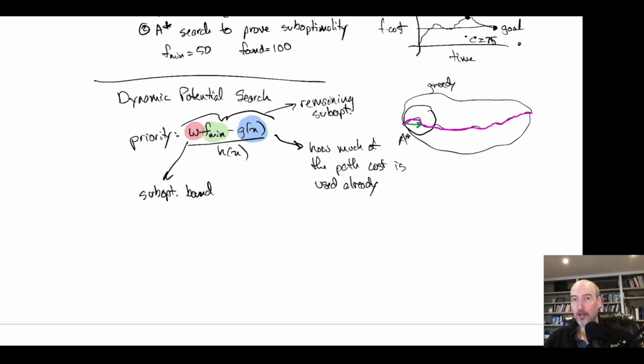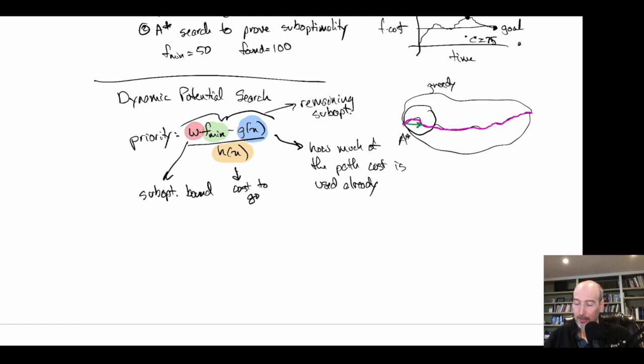I have 50 length left in the path that would still allow me to be W suboptimal. And then H is our estimate of the cost that I have to use to get to the goal. So it's just cost to go.